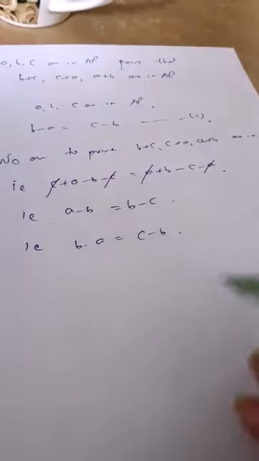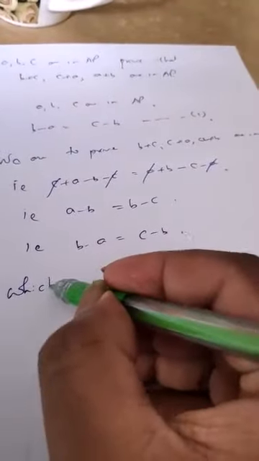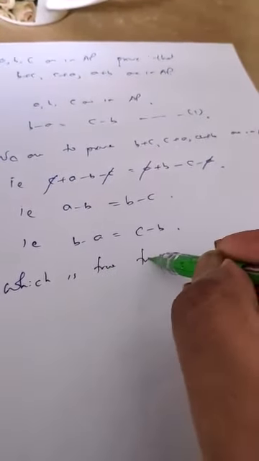B minus A equals C minus B. Now again you can check, which is true from 1. Understood? This is question number 1. This one is question number 2.